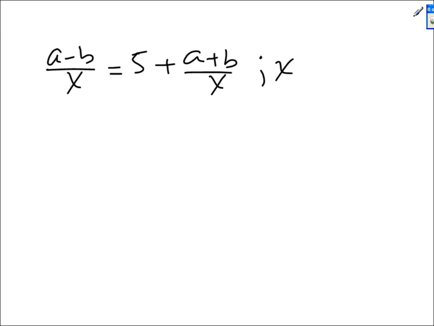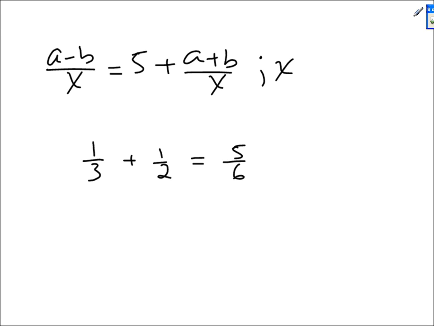Okay, we want to solve for x. I guess we should talk about it right here. A third plus a half equals 5/6.